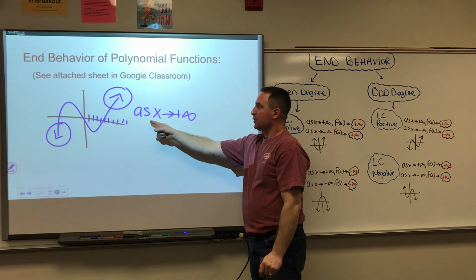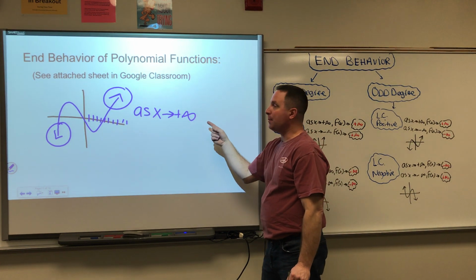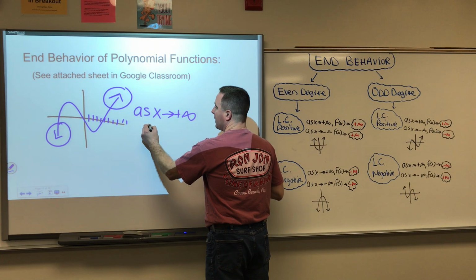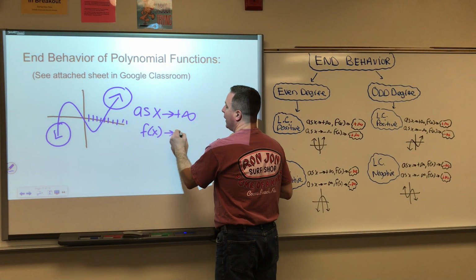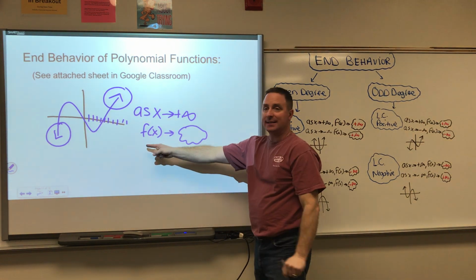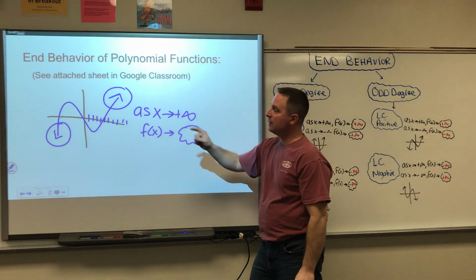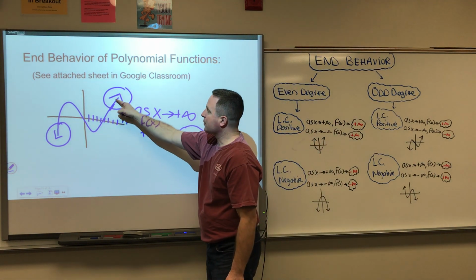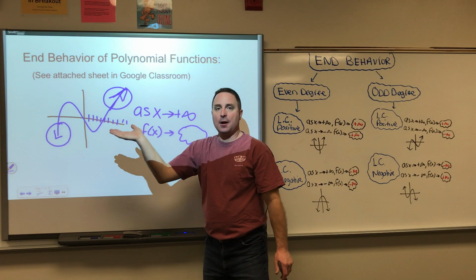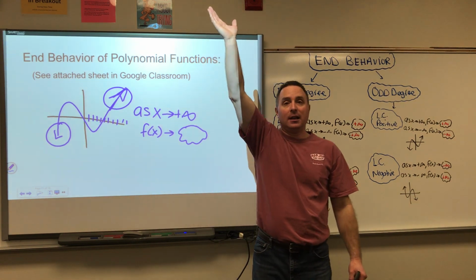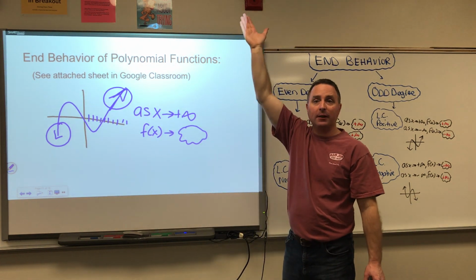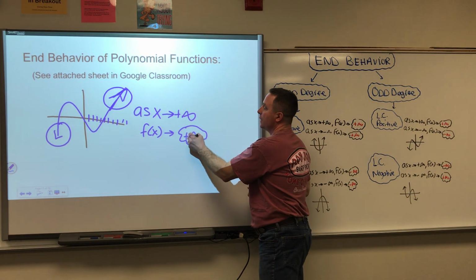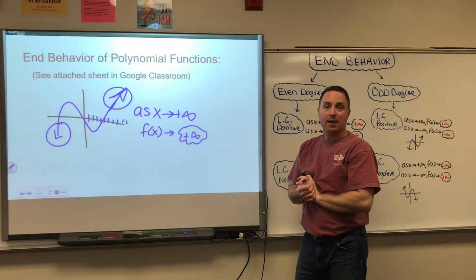So as x goes to positive infinity, I want to know what happens to f of x. And f of x is the y values. As I go to the right, where does this graph eventually go? It's going up, up, up forever. And how do I describe going up forever? It's also going to positive infinity.